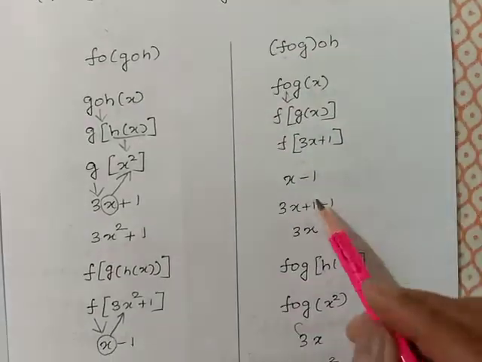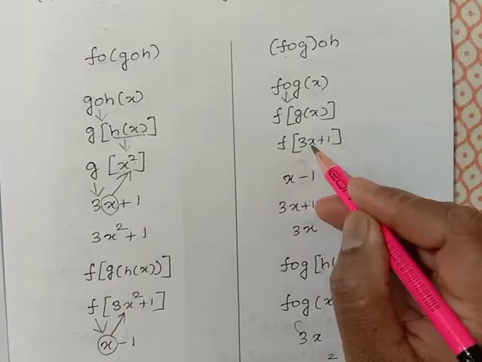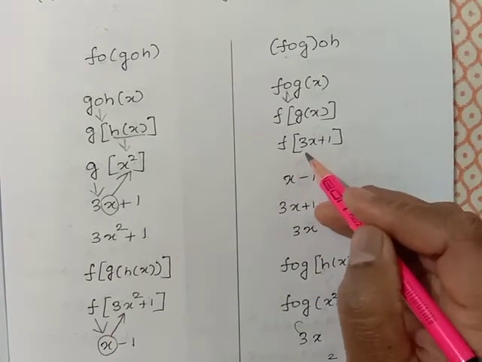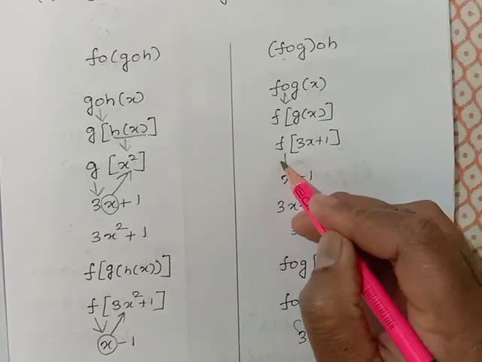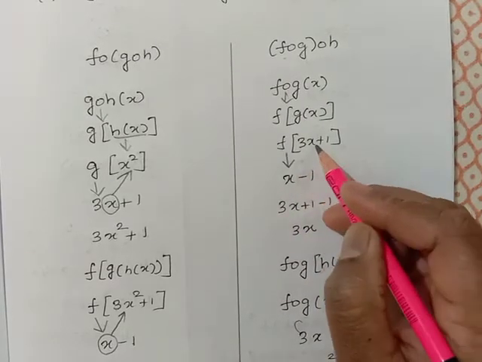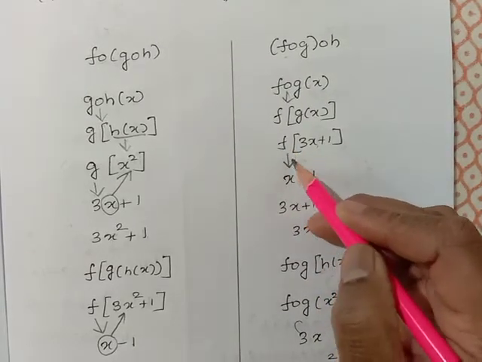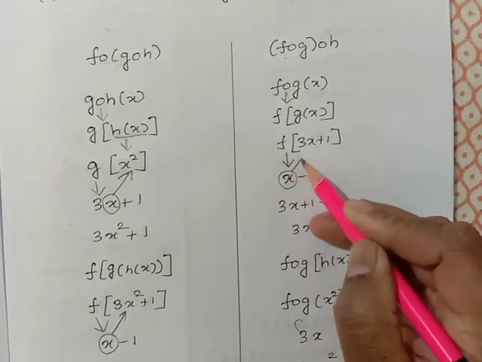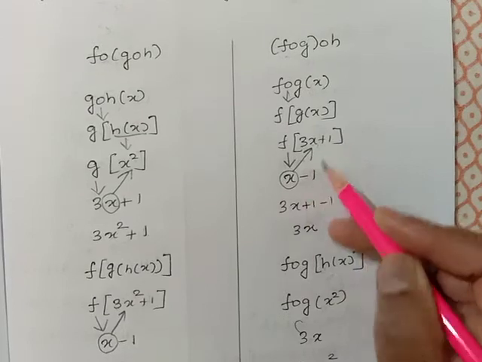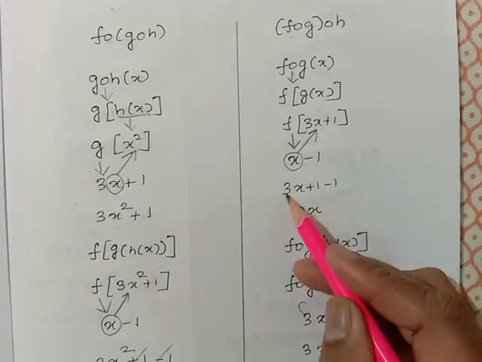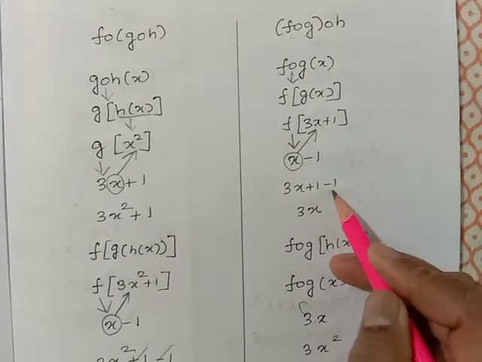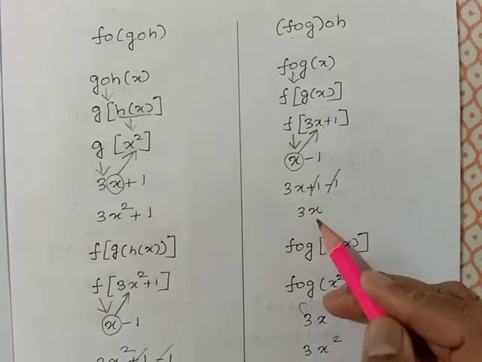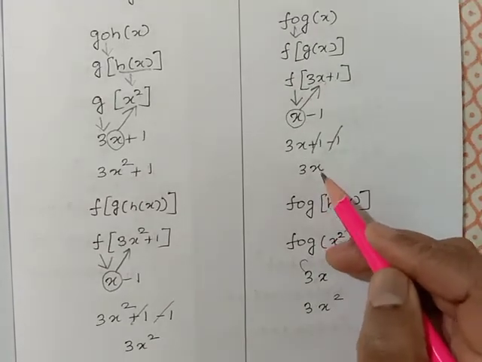Now let us write the outer value, that is f value, x minus 1. But in the place of x we should write 3x plus 1. Remaining is minus 1. Plus 1 minus 1 gets cancelled. So your answer is 3x.